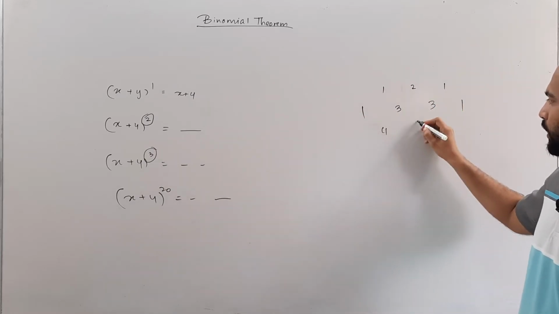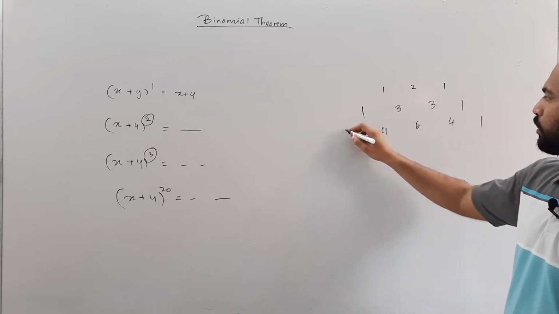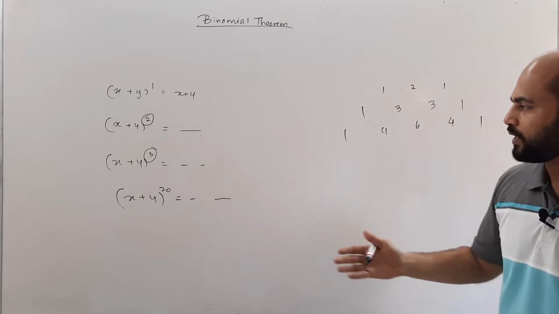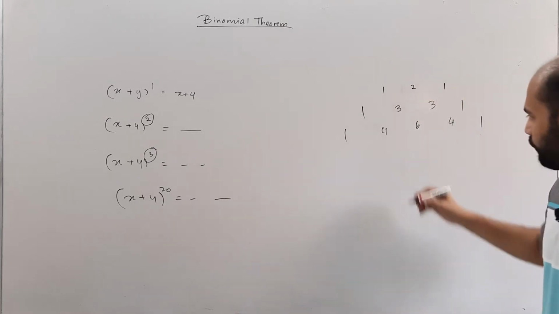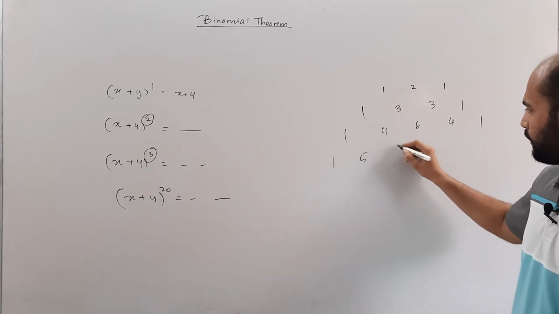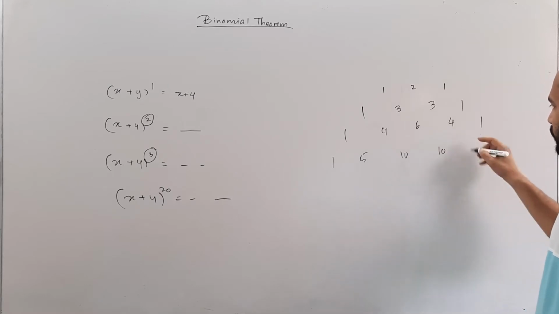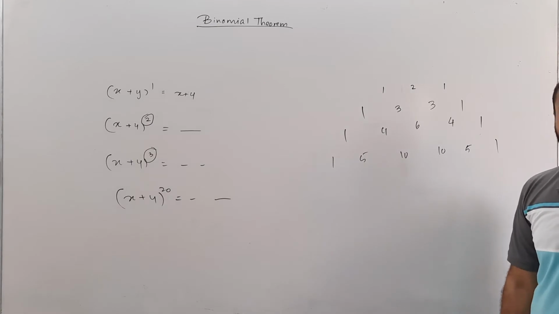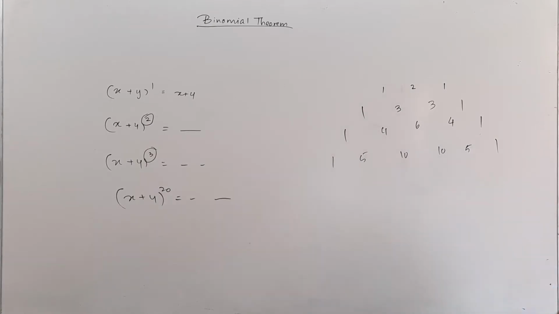if we keep putting this, then we are going to arrive at the coefficients of the expansion wherein the power is raised to 4. If we keep doing this, then we can find the coefficients in this case, that is the power raised to 5.